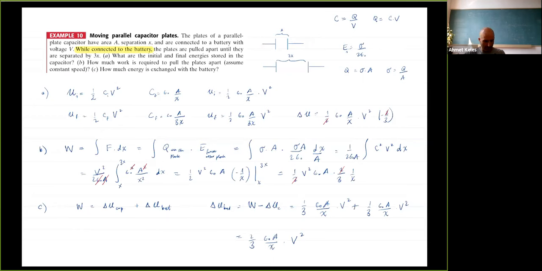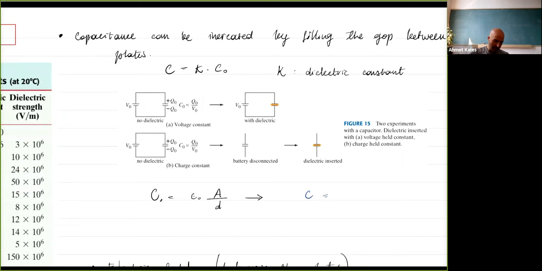The first way is constant voltage, V constant, where we insert the dielectric while the capacitor is connected to a battery. Or, like we said in the previous examples, we can think about Q constant. So we can charge the capacitor, take it out of the circuit, and insert the dielectric.